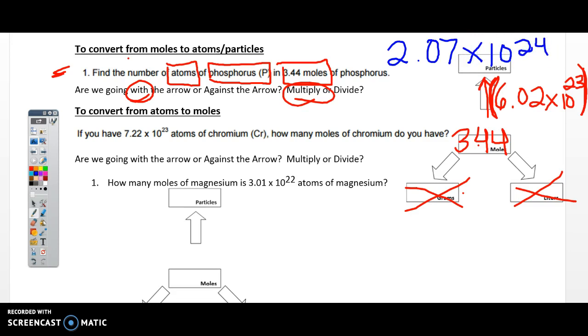You can leave it at 2.07, that's fine. One or 2 decimals is fine. That E means that it's the exponent. So this is how many atoms we have.